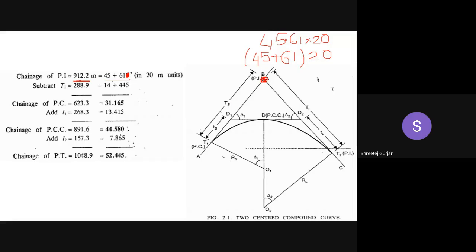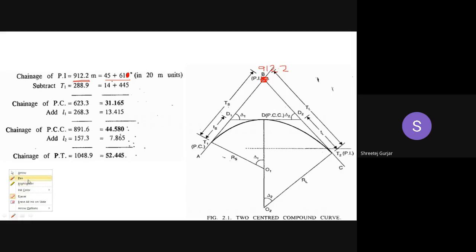So this is the chainage of this point, 912.2. Now we have converted it to meters. Now I want the chainage of point T1. Where is point T1? It is here. And we also have calculated the length TS. It was how much? 288.9. This particular length is 288.9.